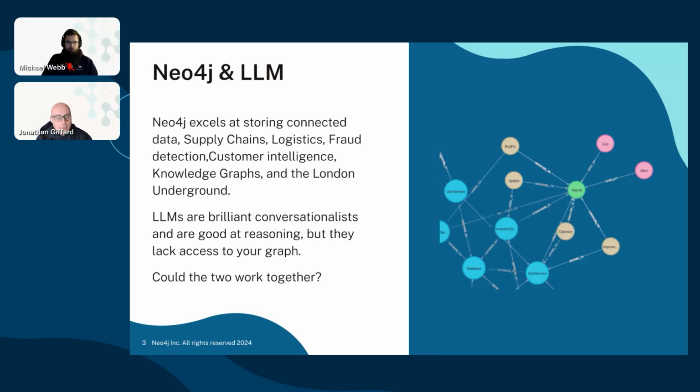And if we look at AI and our large language models, they're really good at having conversations. And they're also really good at reasoning and explaining how they reached a conclusion. But they could be brilliant if they were connected to data, so you knew their conclusions were grounded in the real world and they weren't making stuff up, which people euphemistically describe as hallucinating. So what if we could get those two things to work together?